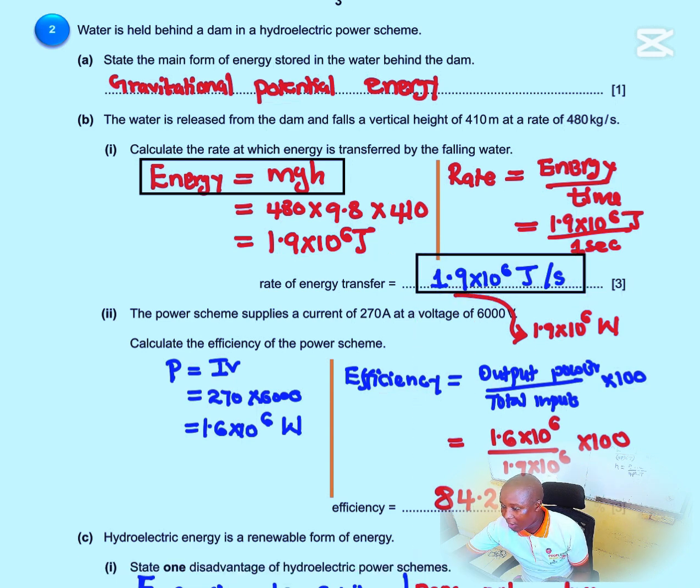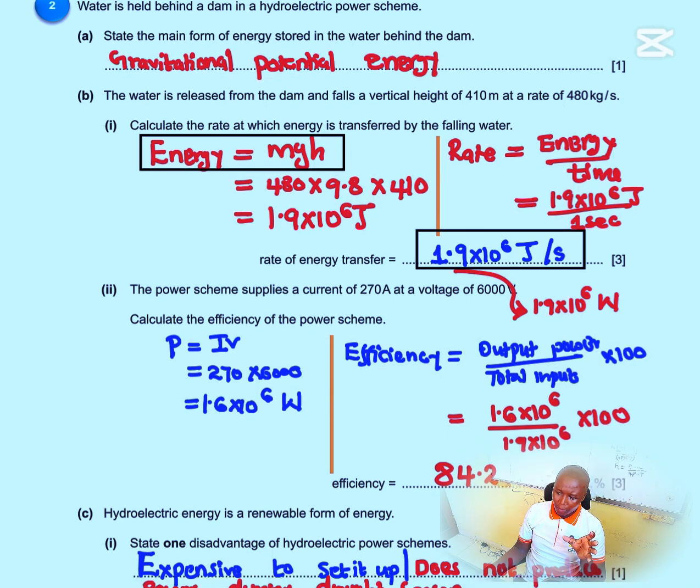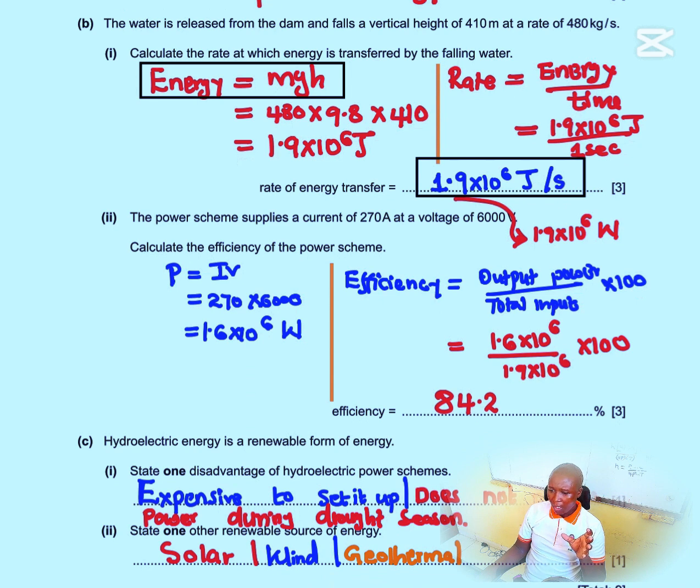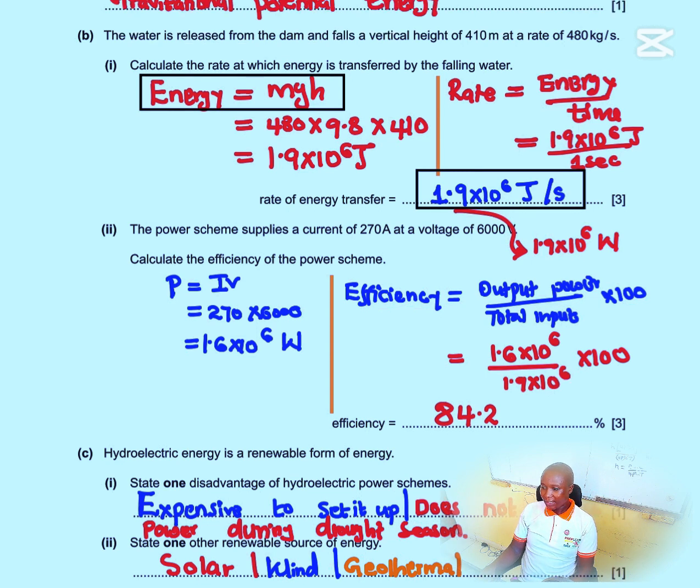And something that we need to remember is that the rate at which energy is transferred is basically power. So this is also referred to as power. Now, the power scheme supplies a current. So this is the output power we can talk about in Roman 2, because we're given the current as 270 amperes and we're given the voltage as 600 volts.